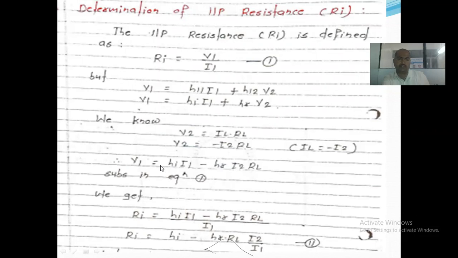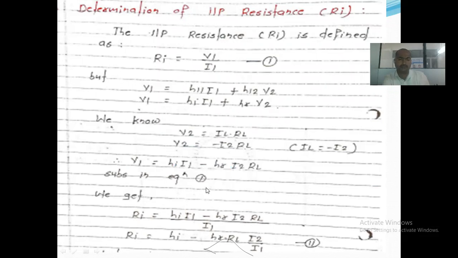So V1 equal to Hi I1 as it is. This minus, that's why the minus sign came here, minus of I2 is nothing but I2 RL as it is, Hr here. So this is minus due to the minus that came across here. This is the value of V1 which is equal to Hi I1 minus Hr I2 RL.